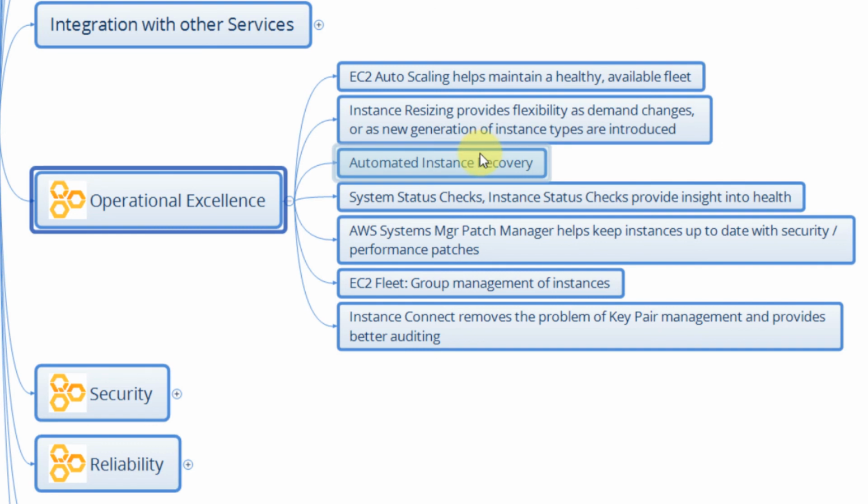You can have automated instance recovery. There are system status checks and instance status checks that give you a window into the health of the instance. You have a patch manager that helps keep instances up to date. The EC2 Fleet feature helps you manage groups of instances easily. And the Instance Connect feature removes the problem of key pair management and provides better auditing.